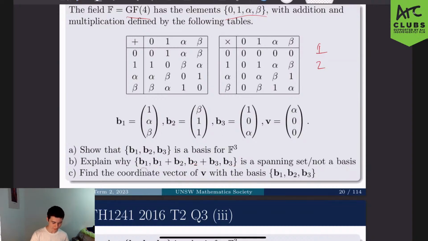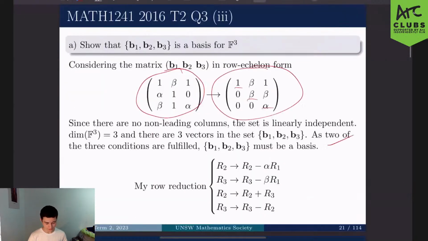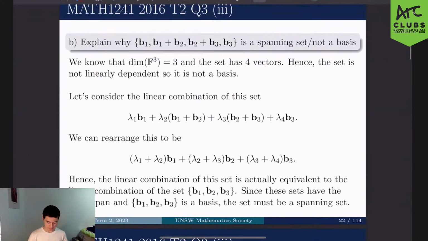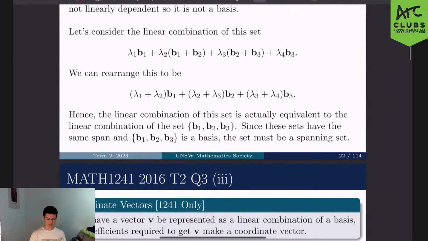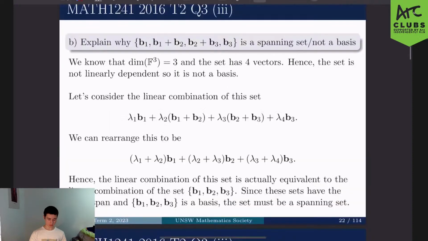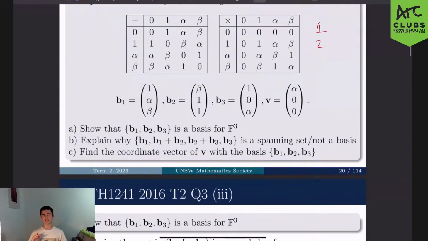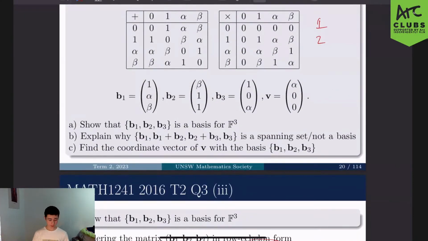And that's that, okay? We're really happy with how we're going, yeah? So, we've shown that it is a spanning set, for 1, and for 2, we've shown that it is not a basis, okay?